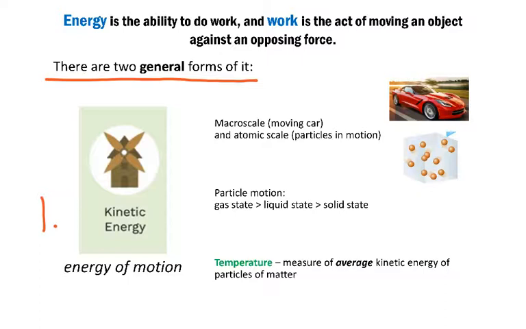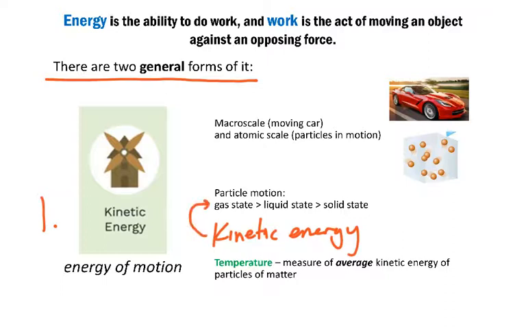They're still in motion. To think about those three states again, the particle motion can be ranked where gas state particles have more motion than liquid state particles, which have more motion than solid state particles, which means we can also say that the kinetic energy scales this way, right?